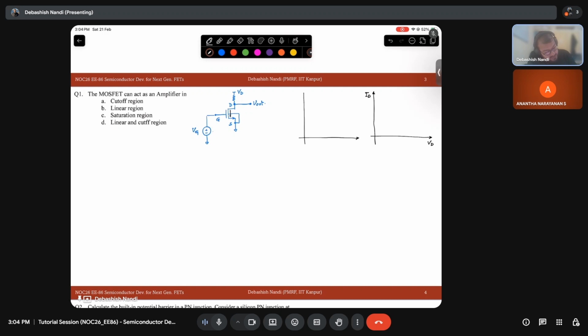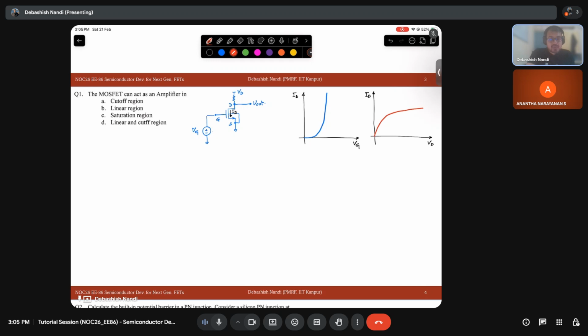ID is this current flowing through the transistor. ID, this is VG. So as you know that this plot looks something like this, and at the output it will be something like this, right?